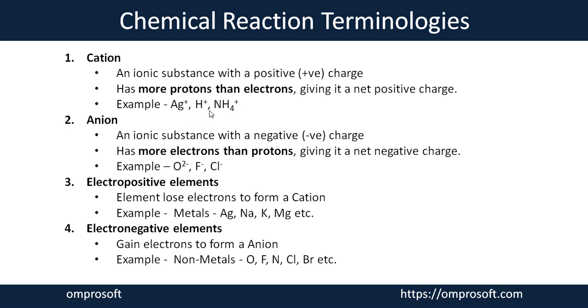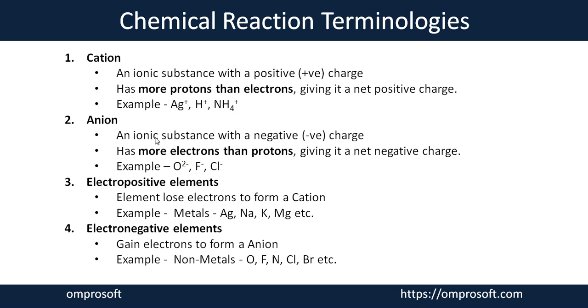So that's why it shows its charge by a positive sign. So we can say a cation is a substance with a positive charge formed by giving electrons to another substance. Now we'll go into anions.